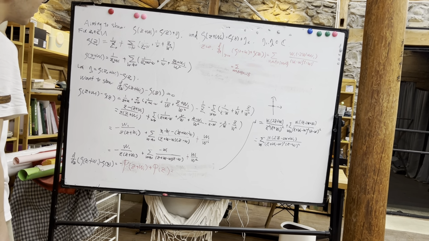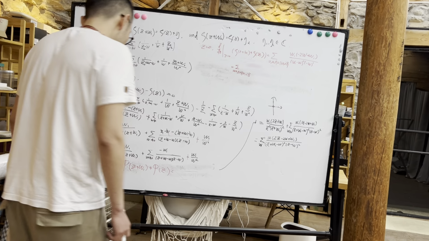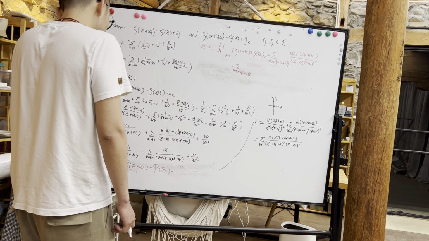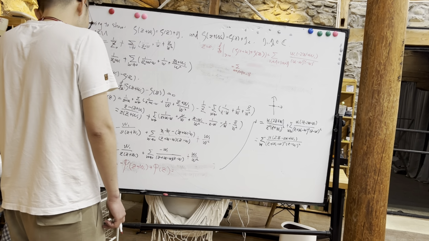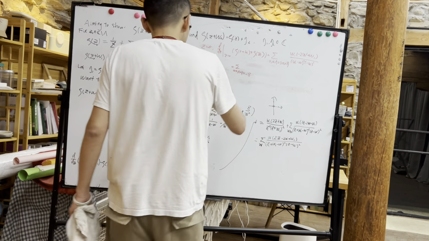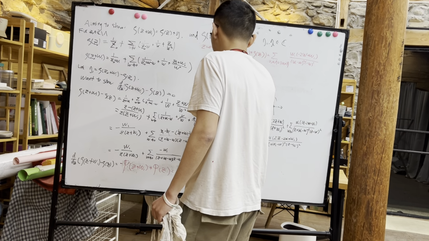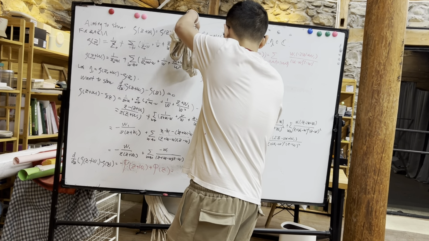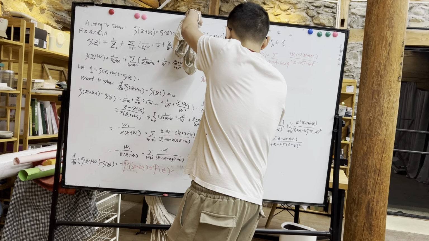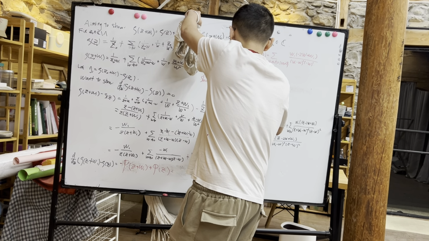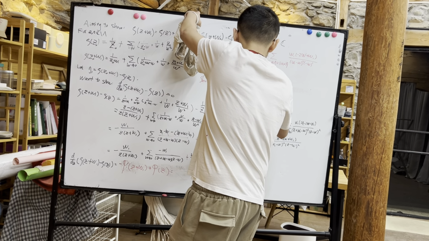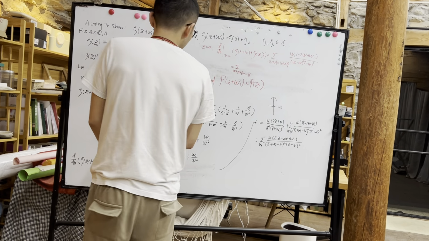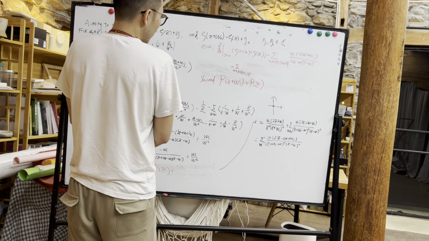Okay, so I know that this p has period omega 1, right? Yeah, so we show that p of z plus omega 1 is equal to p of z. Yeah, so I see.